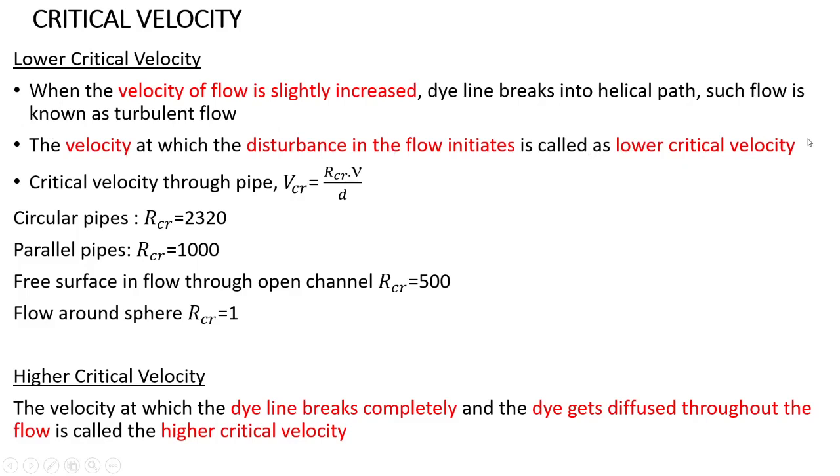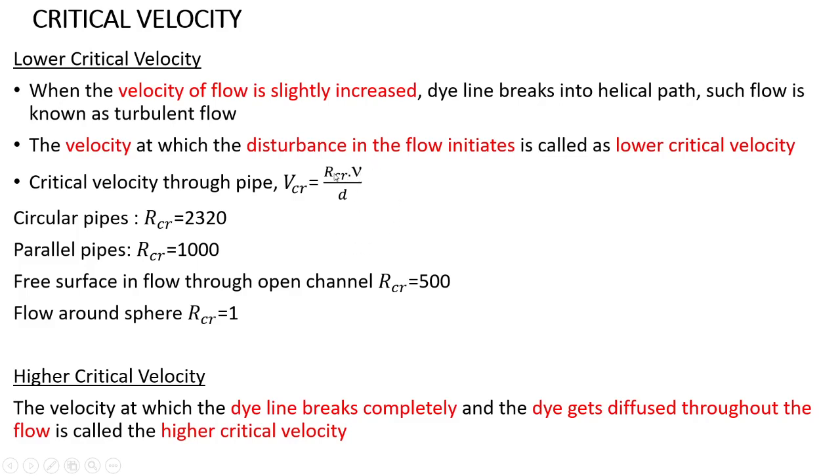The velocity at which the dye initially gets mixed with the water is called the lower critical velocity. Now, the expression for lower critical velocity through a pipe is given by V equals Reynolds number for the critical velocity times ν by D. We know the formula of Reynolds number.